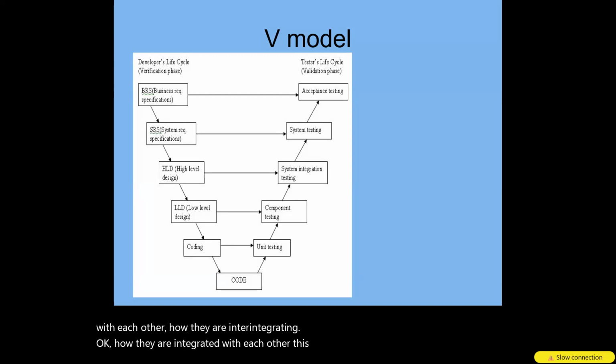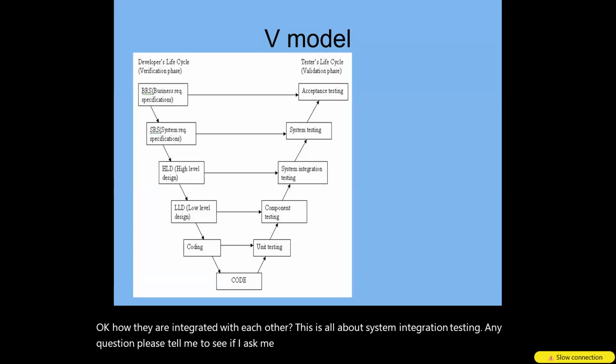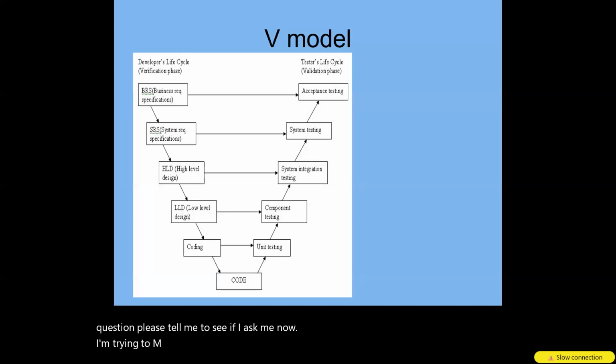I'm checking all these things, how it's behaving. That's what I mean by system testing, not system integration testing. System integration testing is how modules interact with each other. But system testing has to check the whole: inbox, draft, compose, delete, junk, personal, everything. Those are called modules, and I'm checking the whole system as a whole.